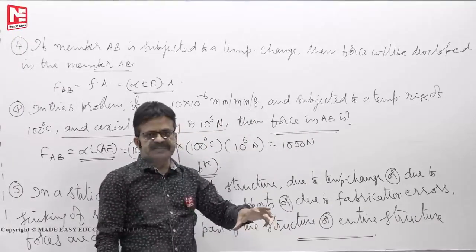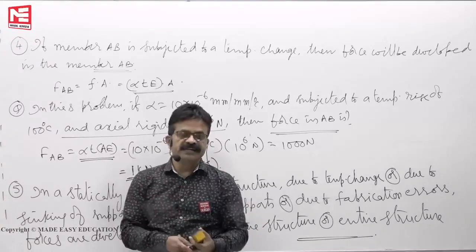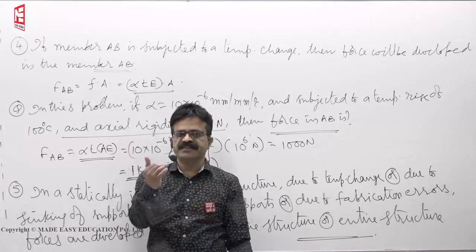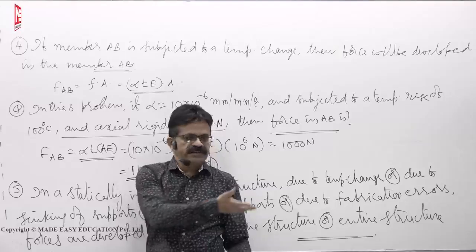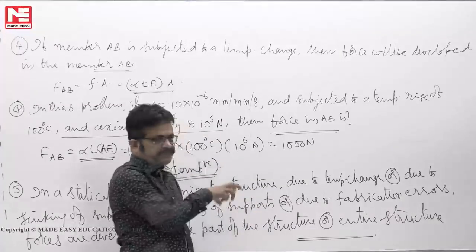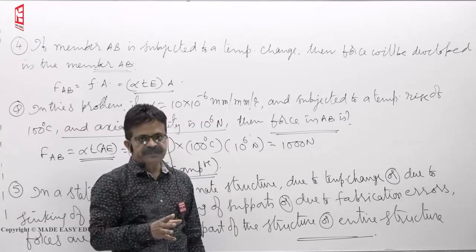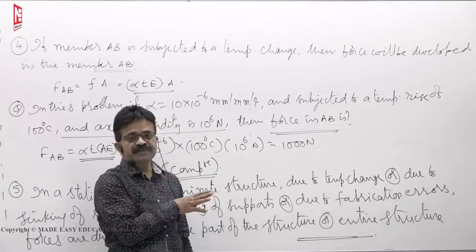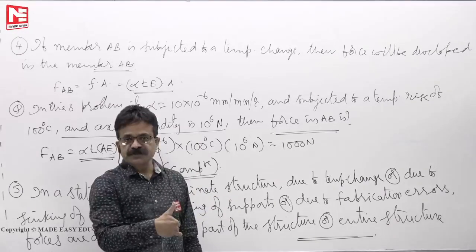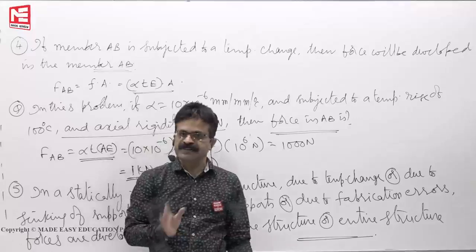Then you have to physically see, first of all, whether it is a statically indeterminate structure or not. Then for that particular variation, sinking of support or the temperature changes, how to find those forces. Finding the magnitude of the forces is a 20 marks question. Whether force will develop or not, or compressive or tensile force will develop, is a 2 marks question. You have to detect what type of force is developed.